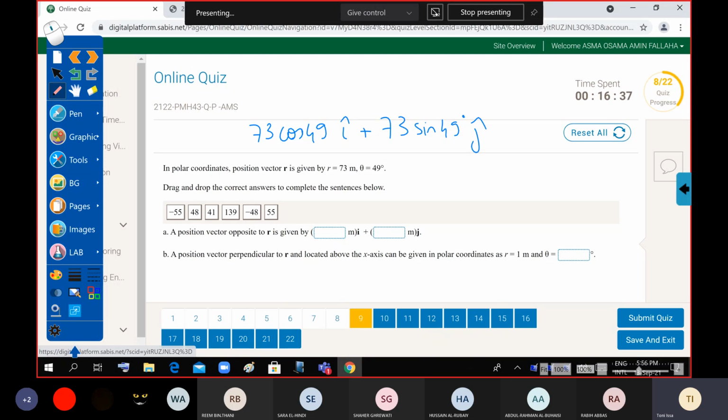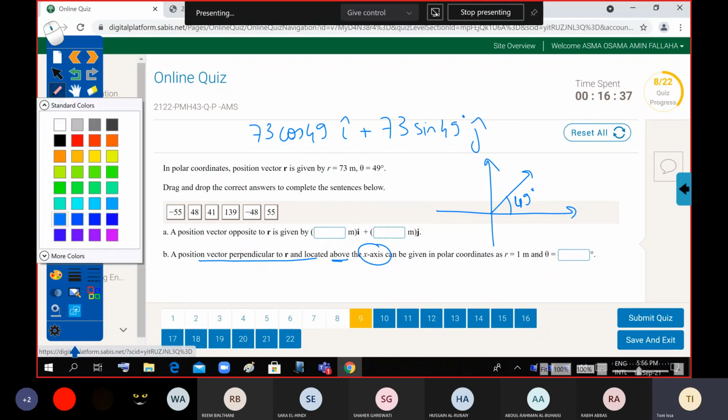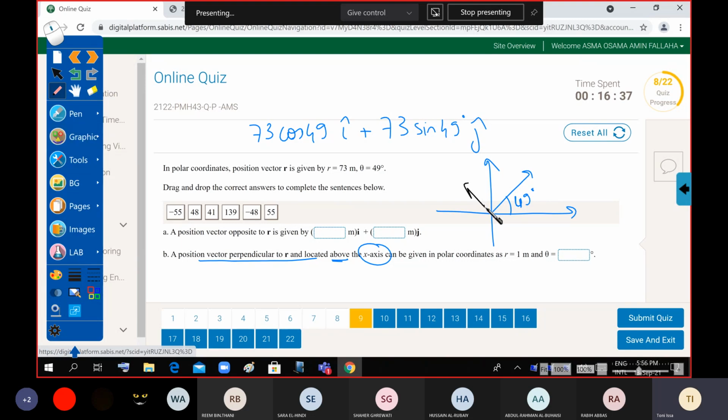Okay, so over here, what can I understand from this? This is what I understood when I was thinking about it. This is the angle 49 degrees, and they said that we have another vector perpendicular to r above the x-axis. Okay, so if I want to draw this vector that I'm talking about, I'm going to draw it like this.